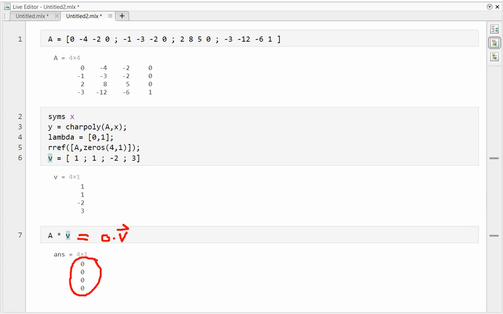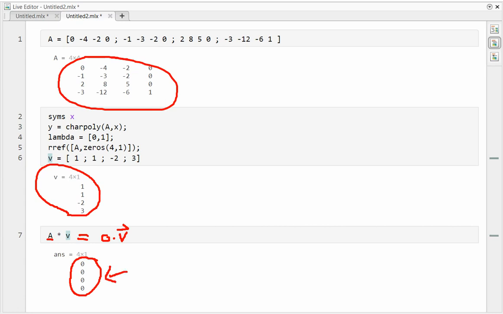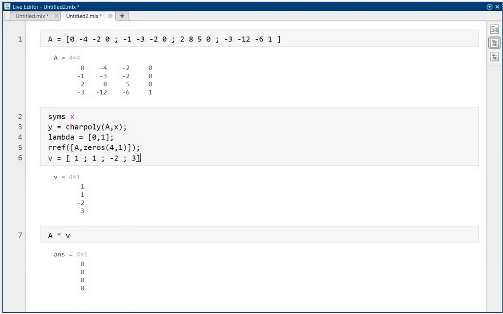But notice that I took a non-zero matrix A, this matrix, and I multiplied it by a non-zero vector V. But the result of that multiplication comes out to be the 0 vector, because the eigenvalue is 0. So this is the interesting example I was looking for before, and this is where I made my mistake. I can get a result vector that's all 0, and that's what you get because of this 0 eigenvalue part of this equation. All right, so we have V0.